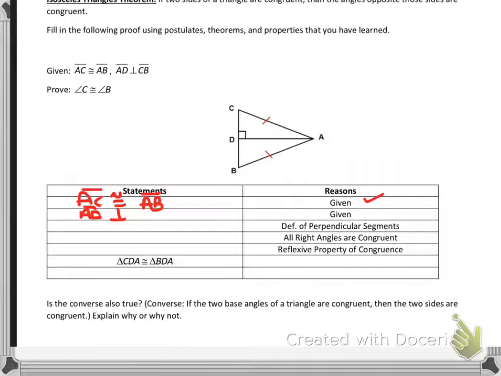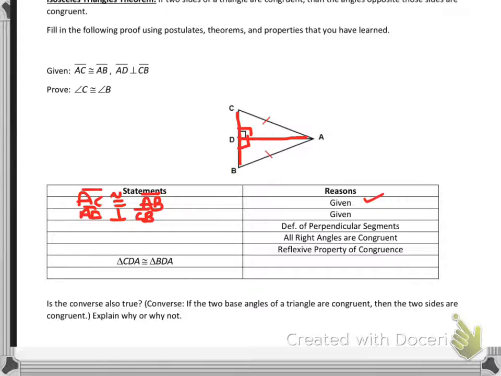This upside down T sign means perpendicular. Well, if this line and this line are perpendicular, that means that the two angles where they meet have to be right angles. This is a right angle, and so is this.